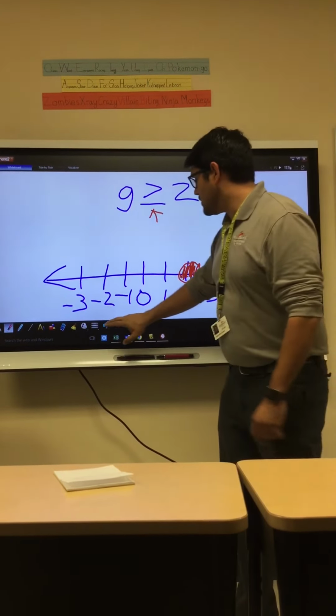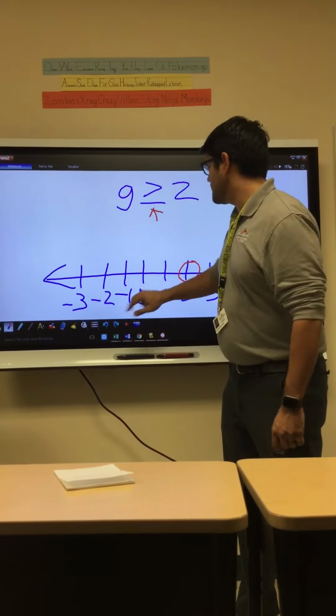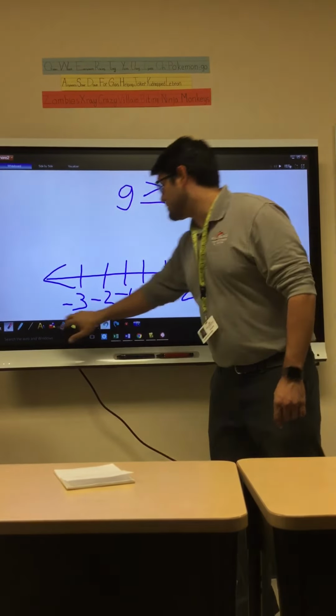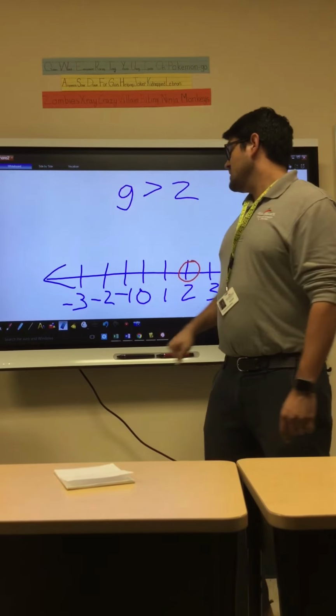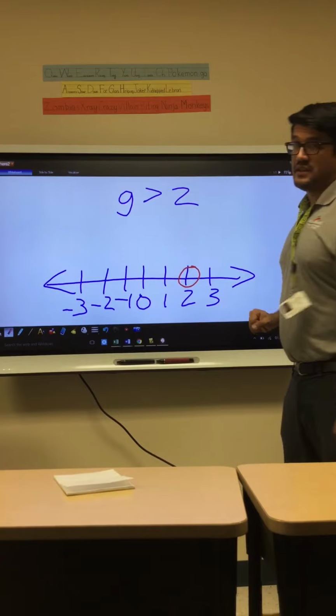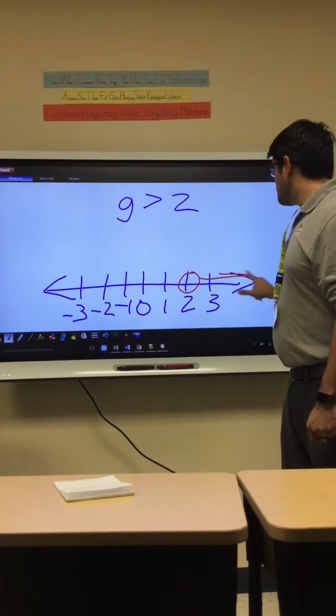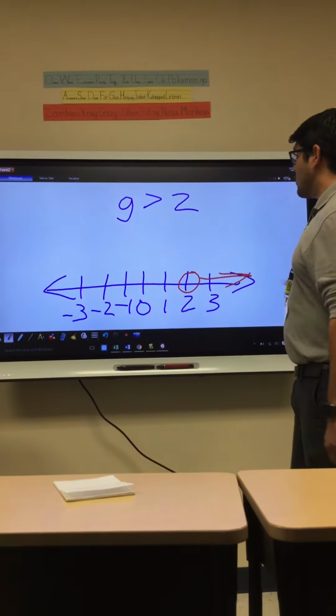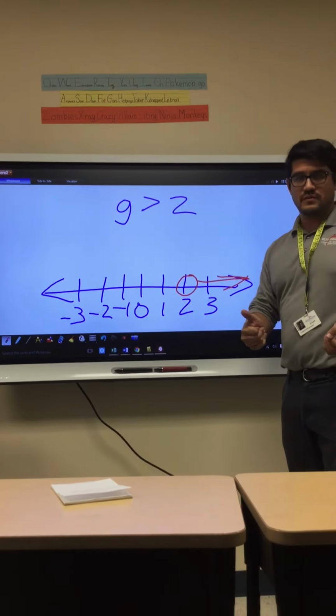Okay? Now let me show you another example. What happens if I don't have this underlined section here? If I don't have that underlined section, then I do not have to fill in that 2. It still goes in the same direction because I'm looking for G is greater than 2. So you're pointing at all the numbers that are greater than 2.